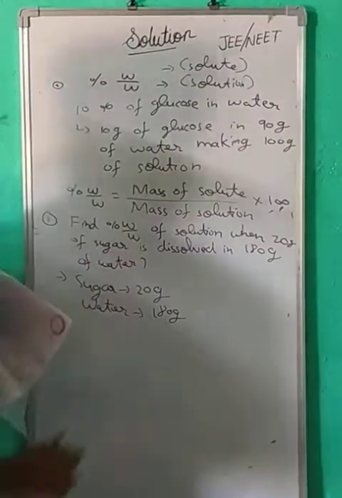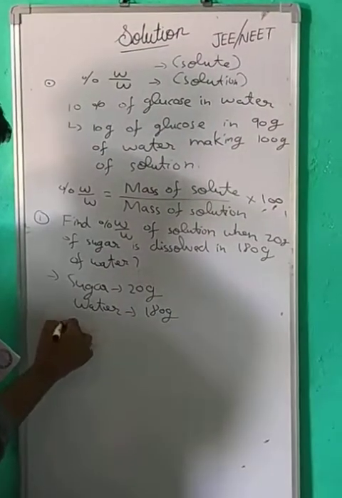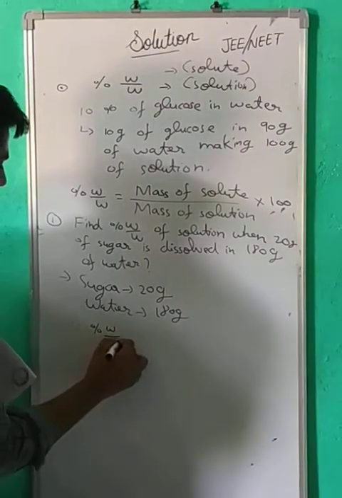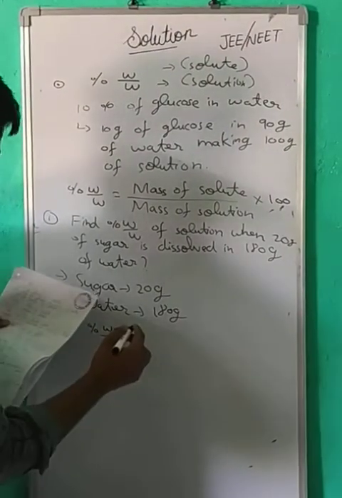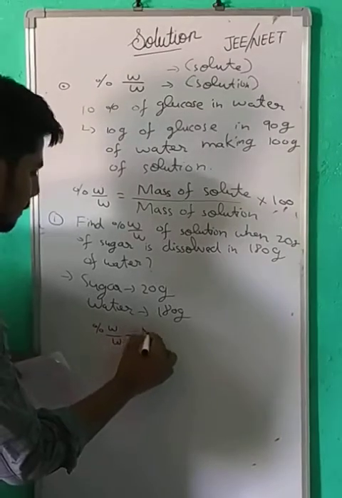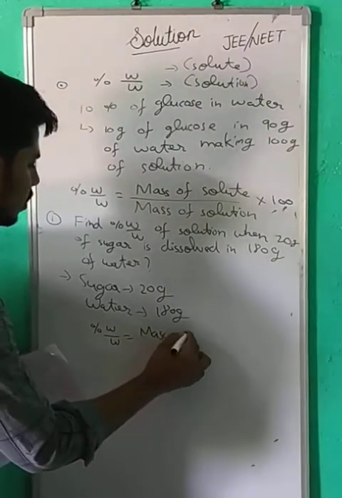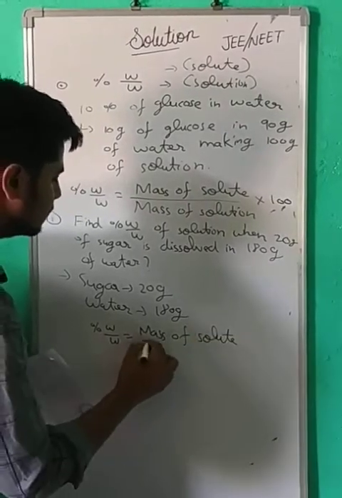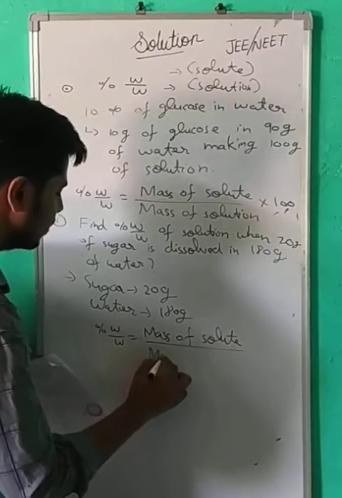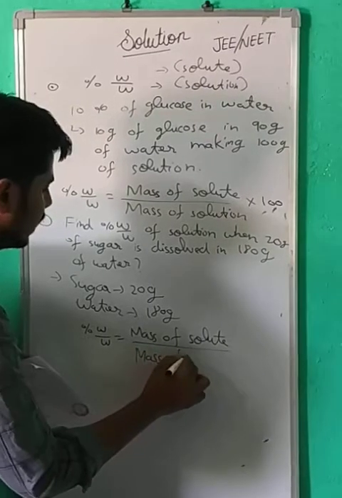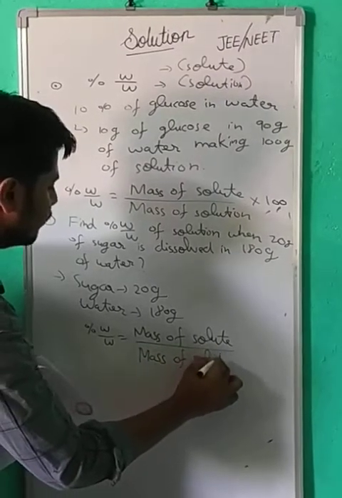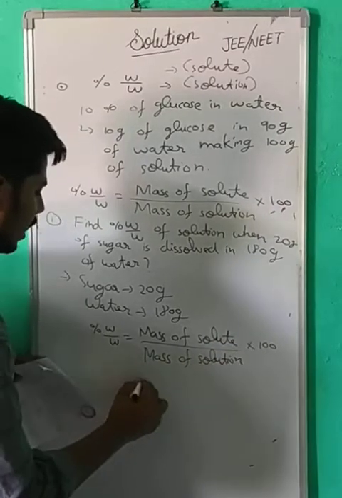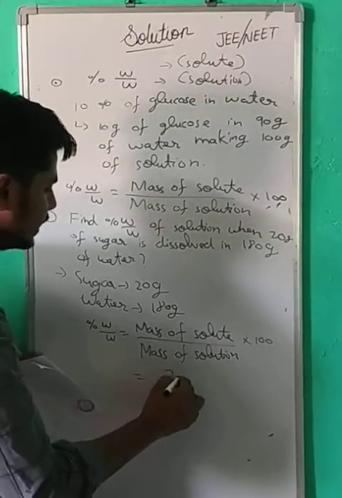What you have to find? Percentage weight by weight. Therefore percentage weight by weight is equal to mass of solute upon mass of solution into 100. How much do we have as mass of solute? 20 gram.